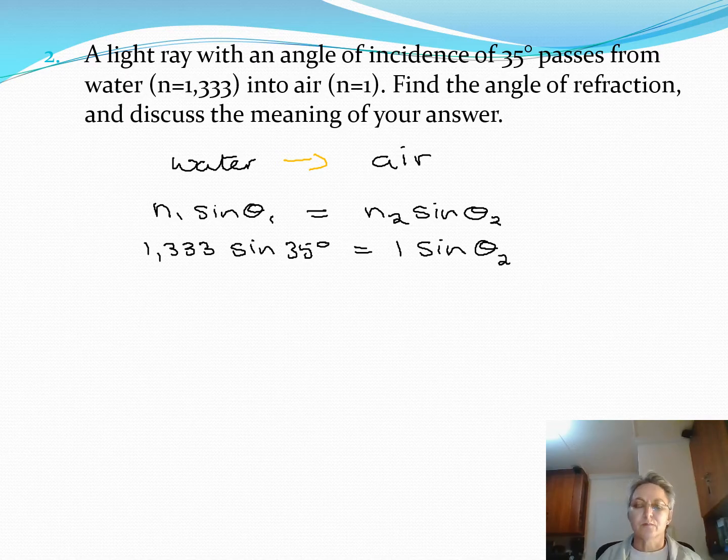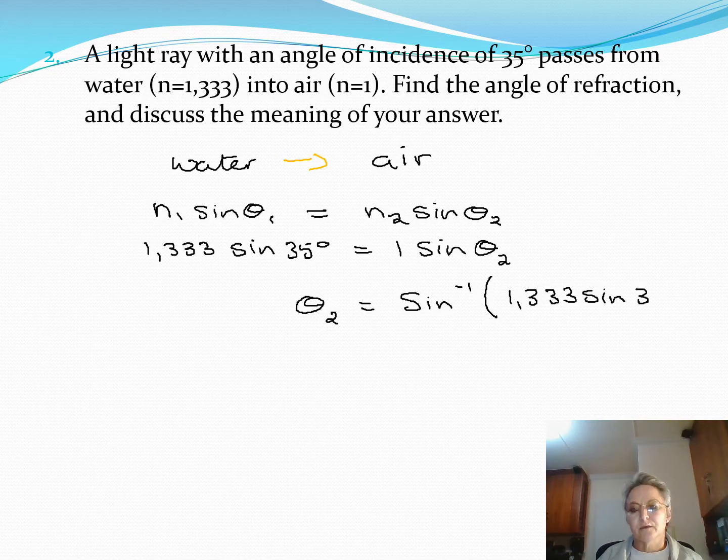To use mathematics to calculate the angle of refraction, we have to use the sine to the power -1 function, the inverse sine function, which will be inverse sine of 1.333 sine 35 degrees. Dividing by 1 will not change that number.